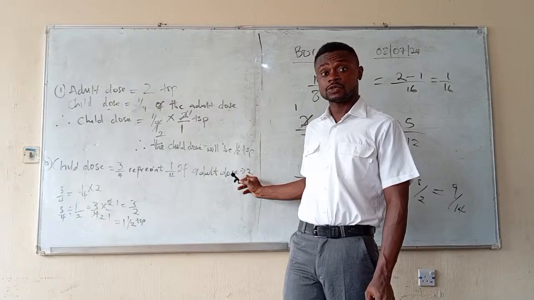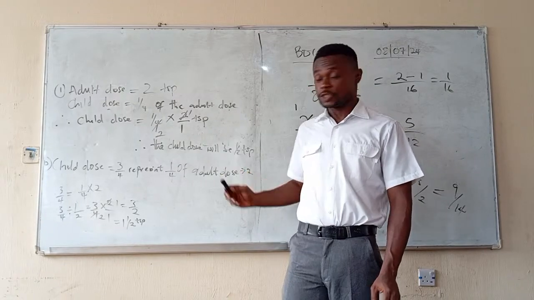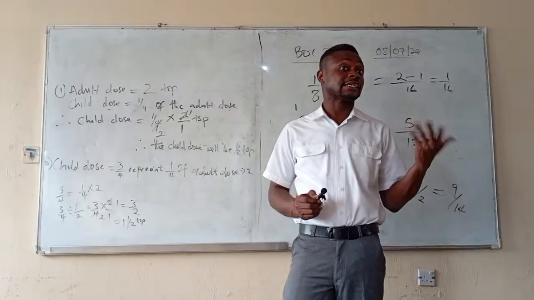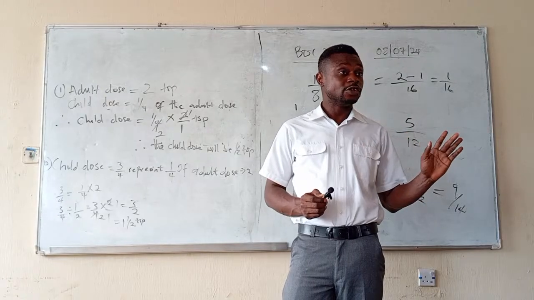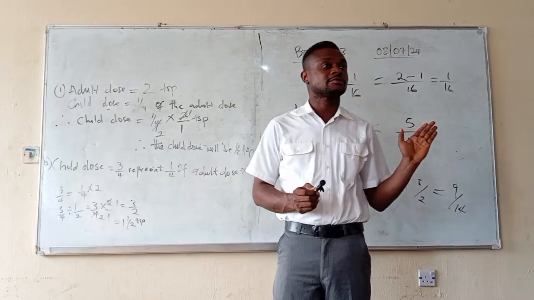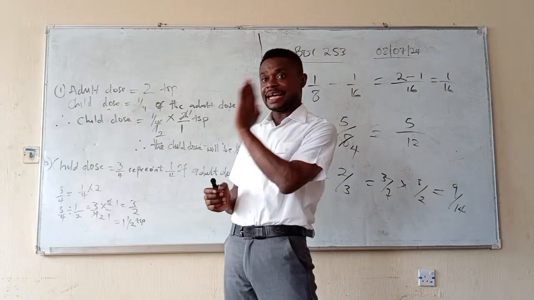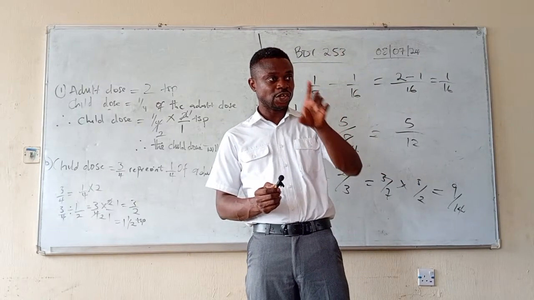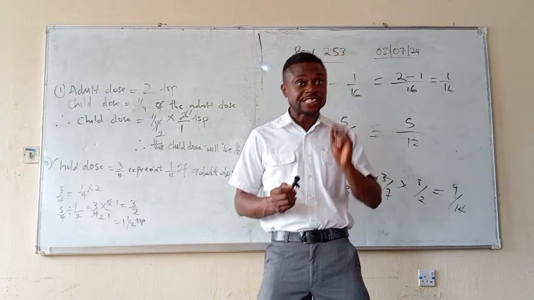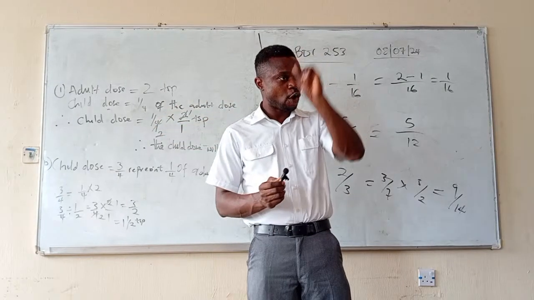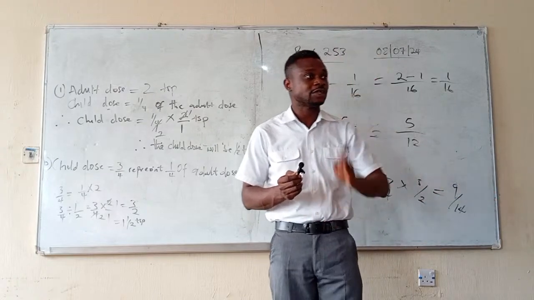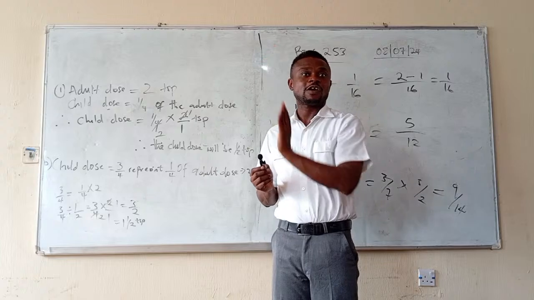Okay. If you want to solve this question, the adult dose you don't know, so I call it X. Let the adult dose be X. First step: let the adult dose be X. Child dose is equal to 3/4, which is equal to 1/4 times X. You now continue from 3/4 is equal to X over 4.